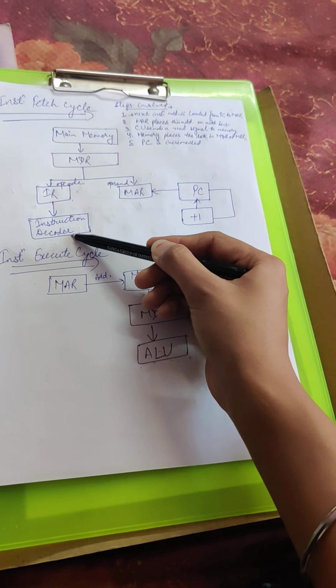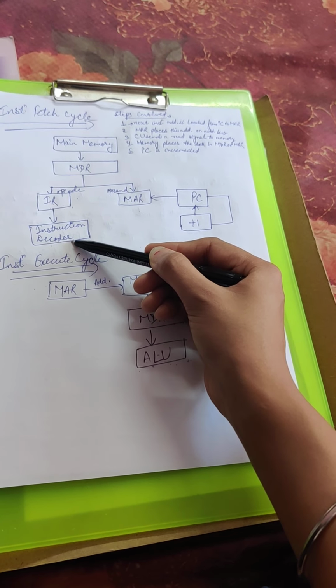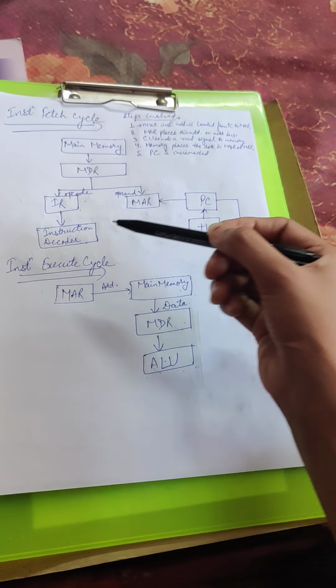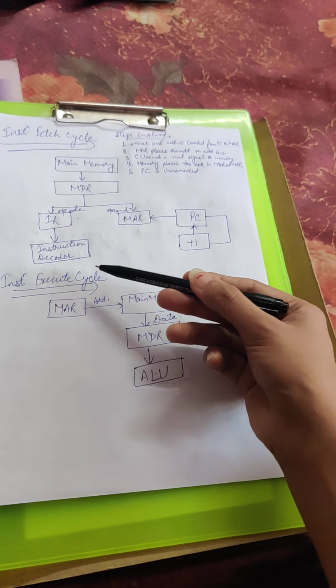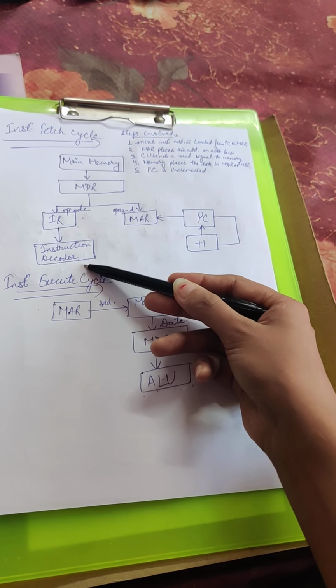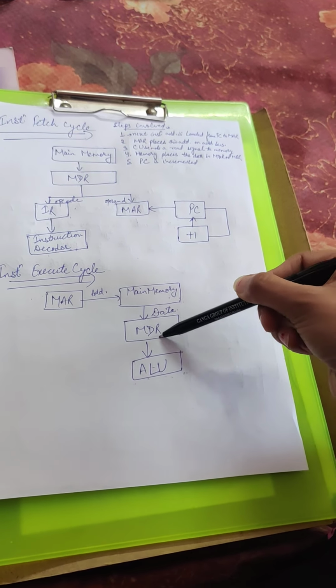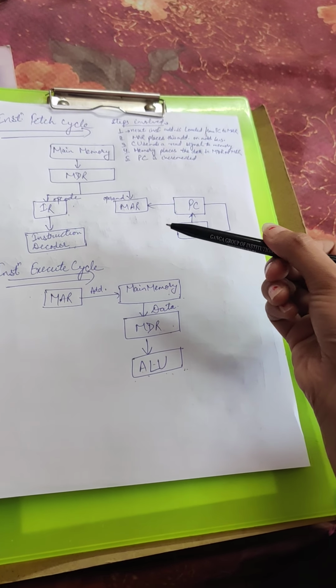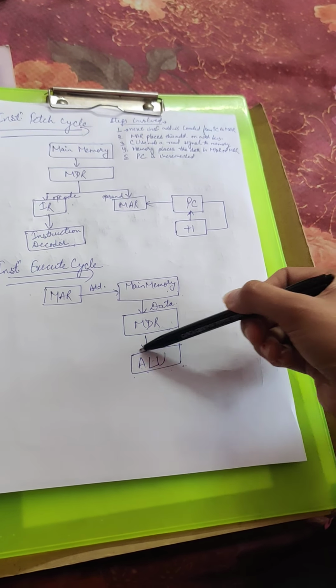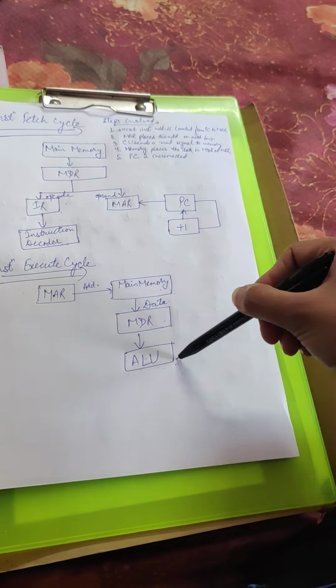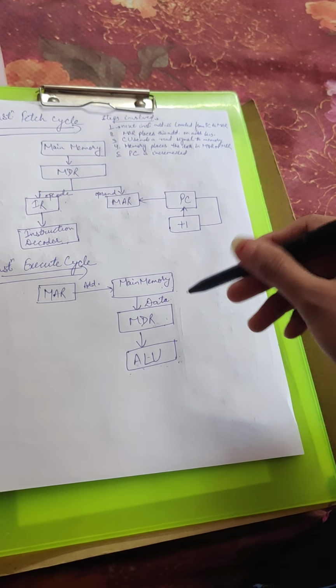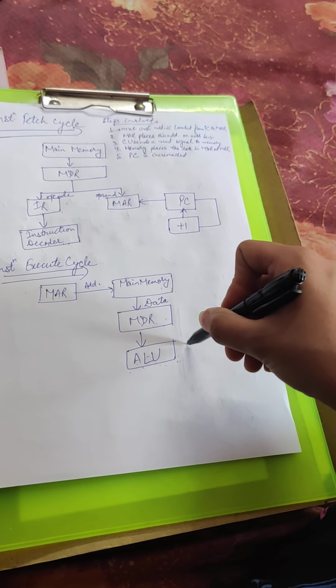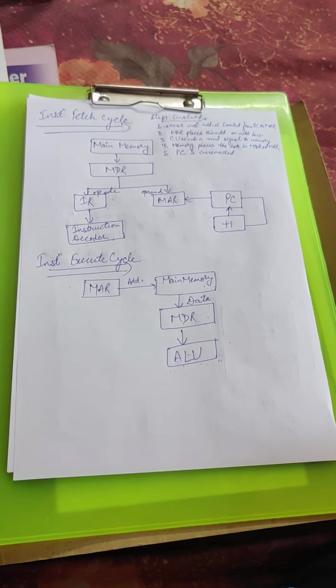The opcode is decoded so that we can know the operation, and then in the execution cycle, the decoded opcode is used on the operand stored in MAR, and with the help of the ALU, the arithmetic and logical unit, the operation is performed. This is our instruction cycle.